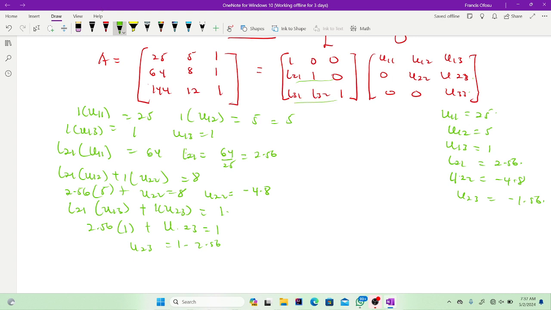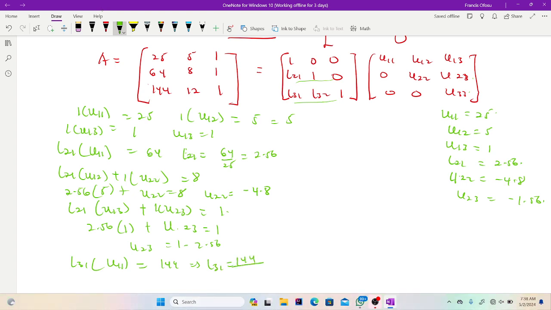Then I come to the third row. Third row by the first column, I'm simply going to get L31 multiplying U11, right? The rest should be 0 because everything here is 0. So that should give me 144. Therefore, L31 will be equal to 144 over U11.